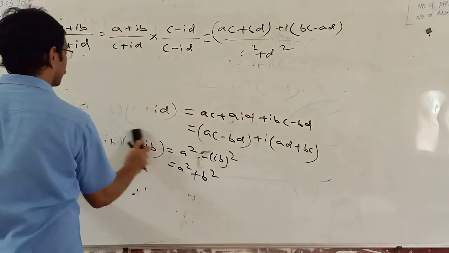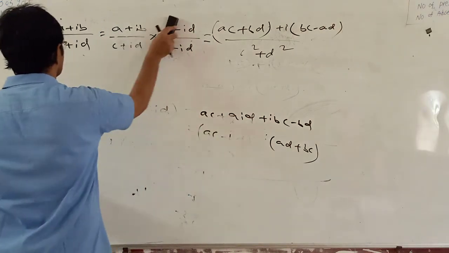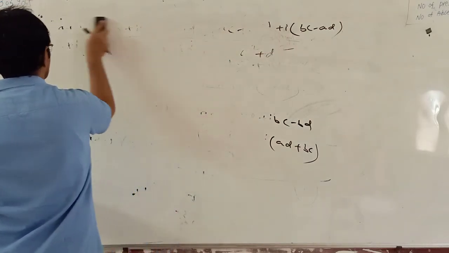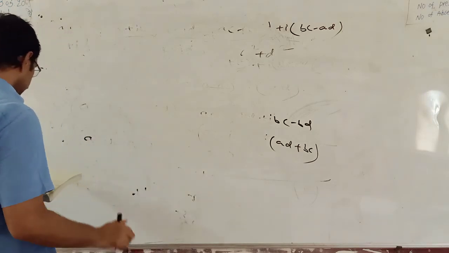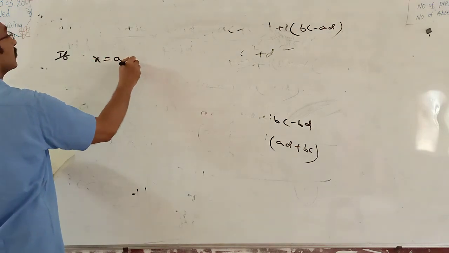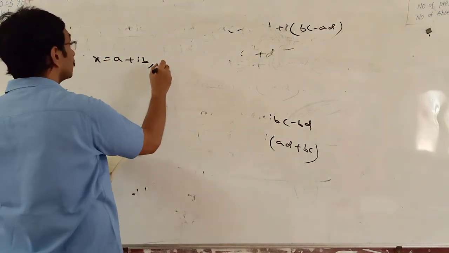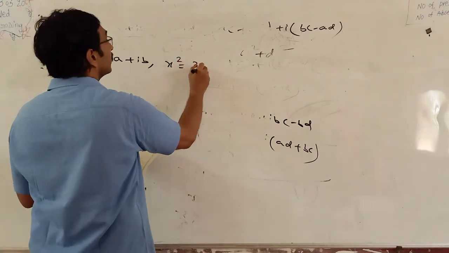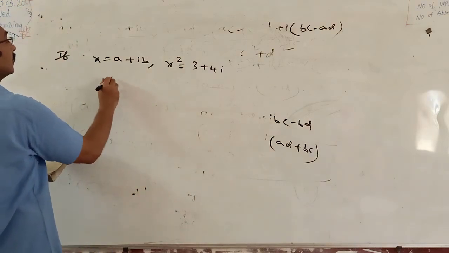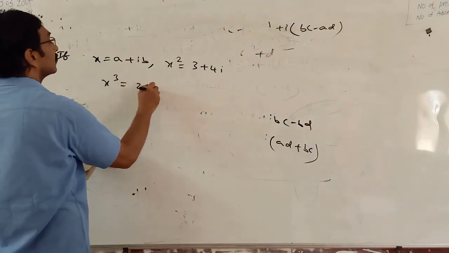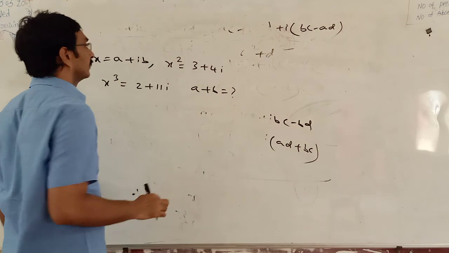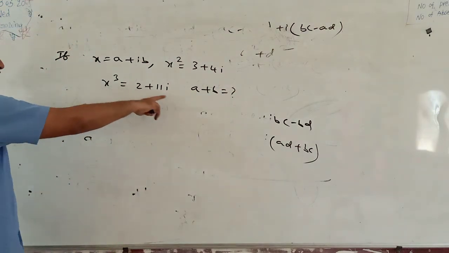See one problem. Example: if x equals a + ib, and x square equals 3 + 4i, x cube equals 2 + 11i, then find the value of a + b.